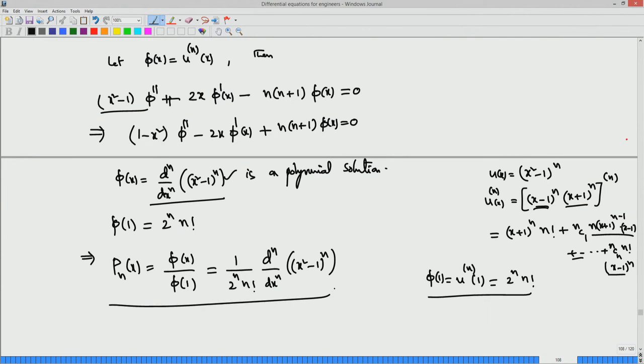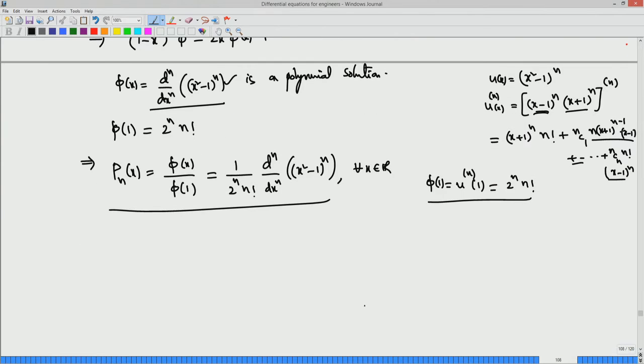This is your Rodrigues formula for every x. As a polynomial it is defined for all values of x, otherwise it is valid as a polynomial solution of the Legendre equation between minus 1 and 1. This is how you see the Rodrigues formula.